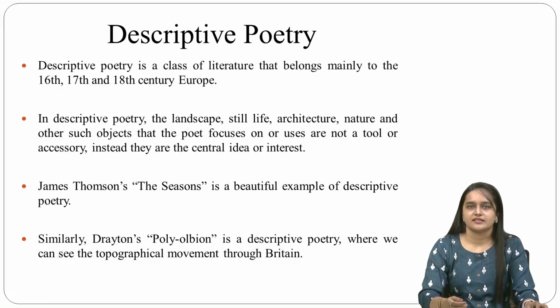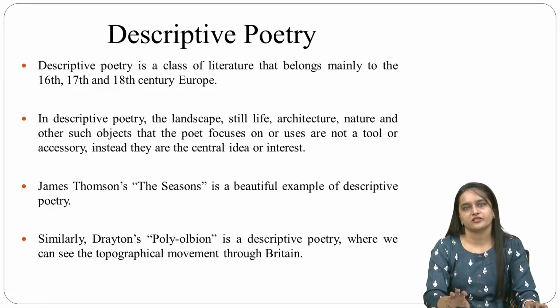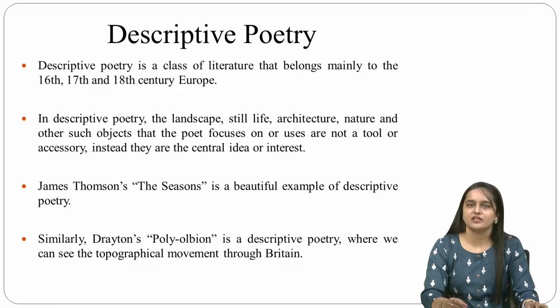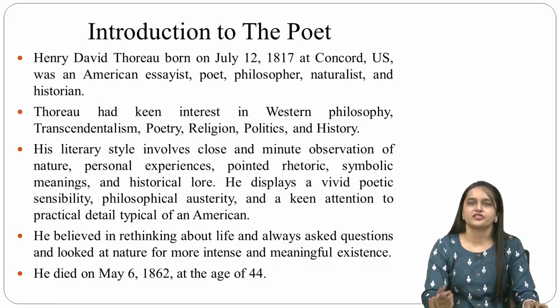In other words, descriptive poetry is a poem which uses detailed words in order to create imagery of a person, animal, or inanimate object. Now let's move to the introduction to the poet.